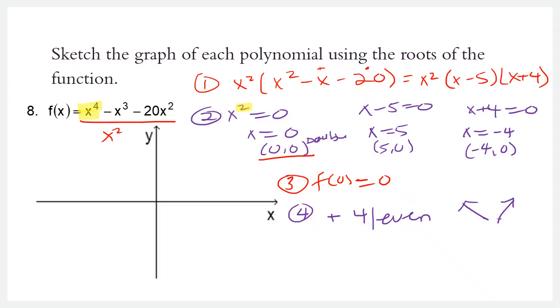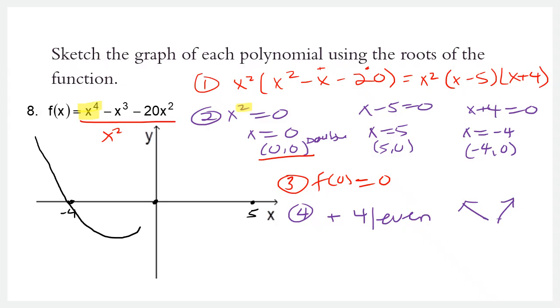So we're going to graph 0, 0. We're going to graph 5, 0, and put 5, 0. And we're going to graph negative 4. Okay, so coming from the left, we're going to start from positive y's. So we're coming down.